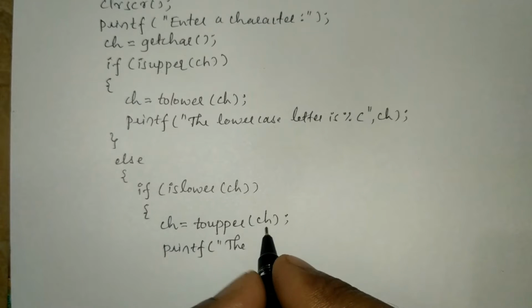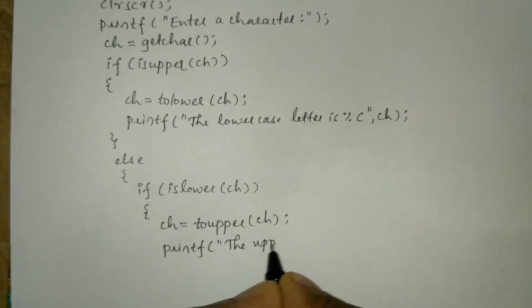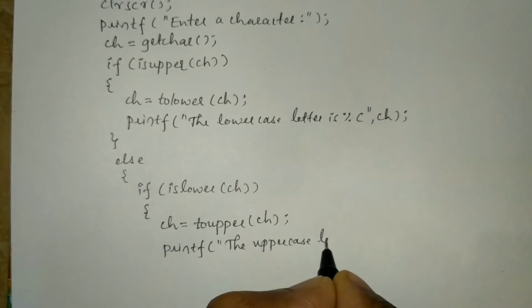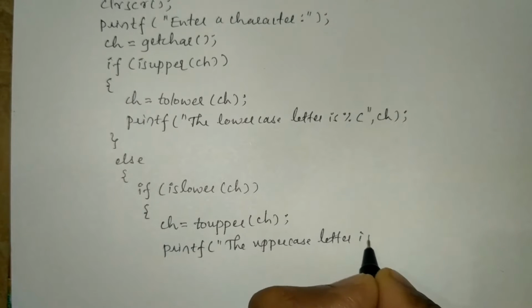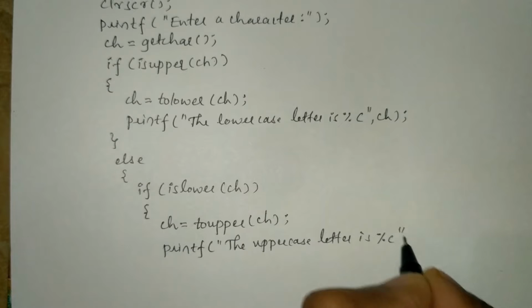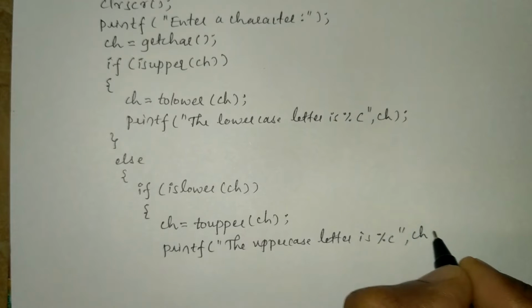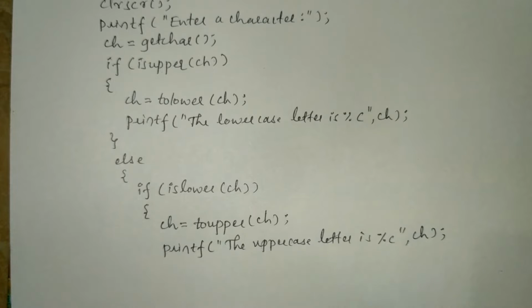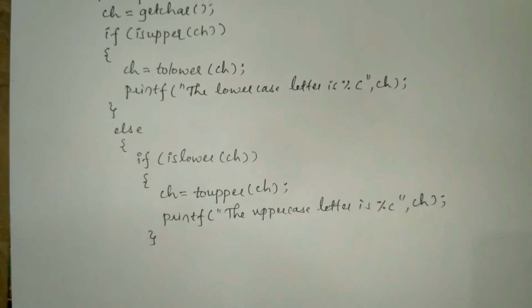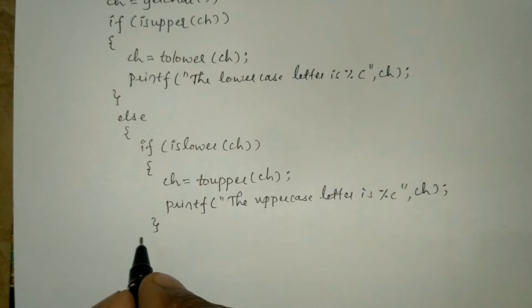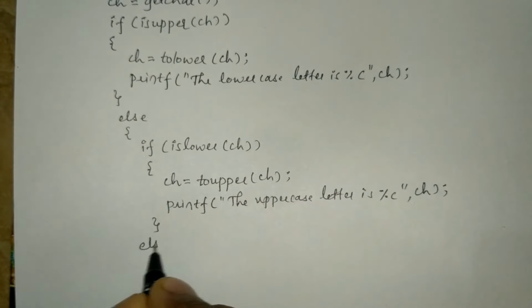In a double quotation mark I'll write the uppercase letter is %c format specifier, put double quotation mark, put comma, ch, and put semicolon, and curly closing brace for this if. Next we are going to write else part.